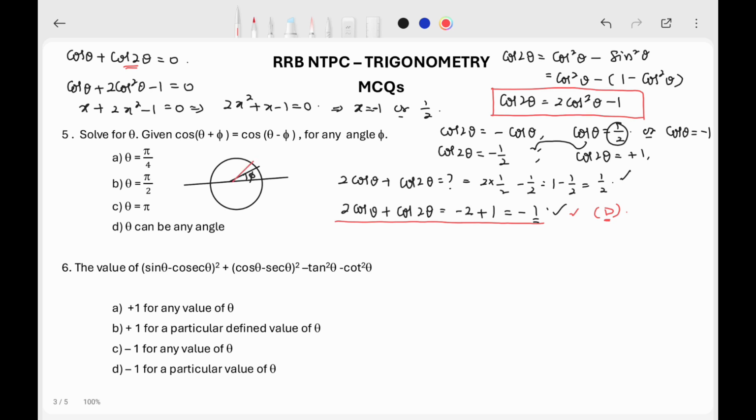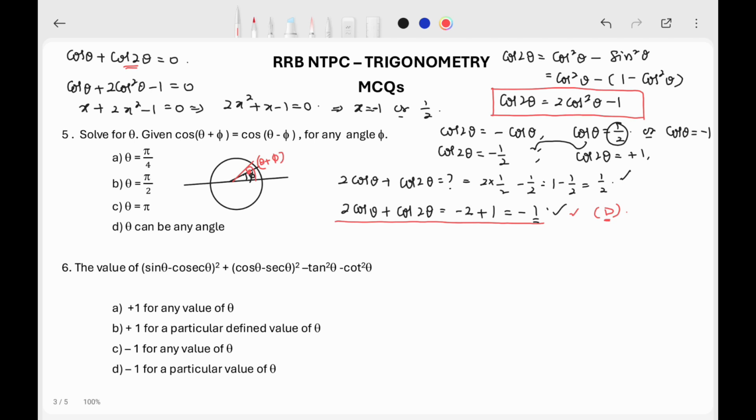This angle is theta plus phi. Then what about theta minus phi? If this is theta, then theta plus phi. Now another thing, theta minus phi we have to see. That angle also we have to measure.